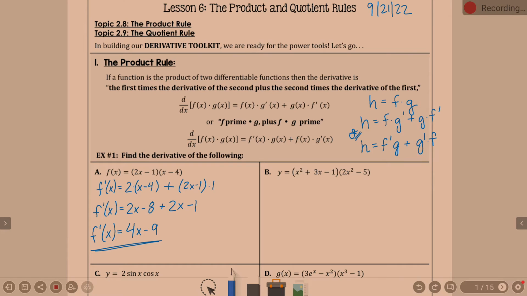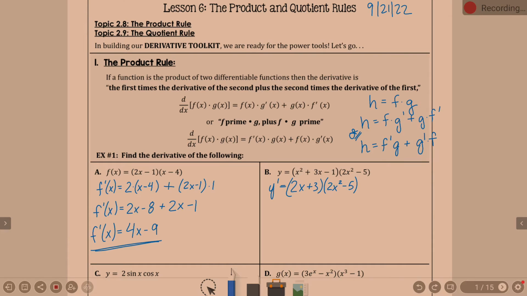Okay, let's try B. Y prime. Derivative of the first, keep the second. So what's the derivative of x squared plus 3x minus 1? Good. 2x plus 3 times, I'm going to keep 2x squared minus 5.